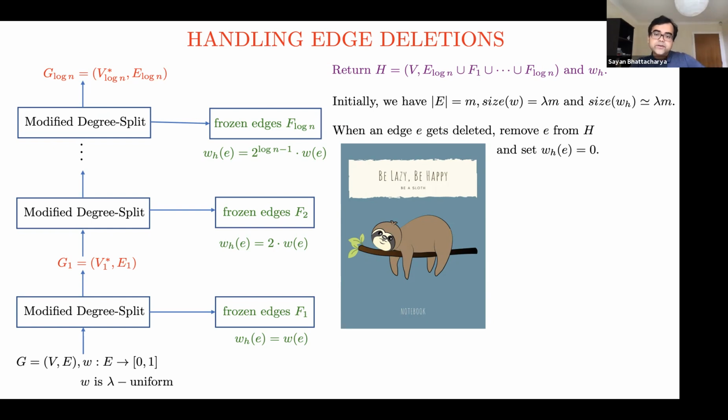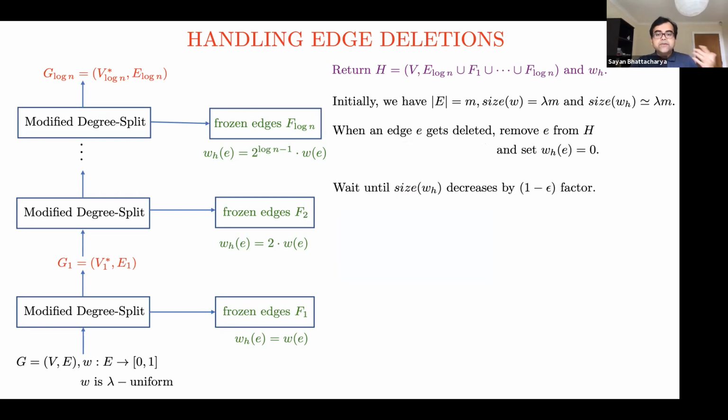So we are just trying to be lazy and be correct as long as possible. That's our motto. And we keep doing this until the size of our output fractional matching drops by a 1 minus epsilon factor because maybe too many edges got deleted.